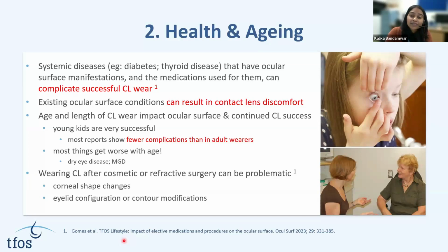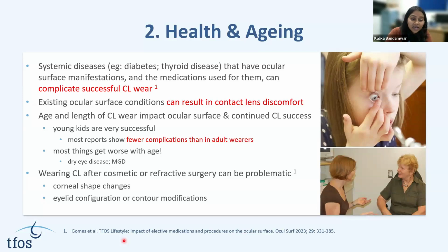Young kids have been found to be successfully wearing contact lenses, and some studies even show that young kids have fewer adverse effects compared to adults. However, with age, other ocular conditions such as dry eye disease and meibomian gland dysfunction increase, and these have an impact on contact lens wear success.